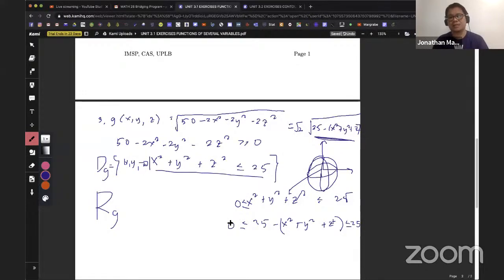And if you take the square root of this expression, you will get that this is greater than or equal to 0, but less than or equal to 5.